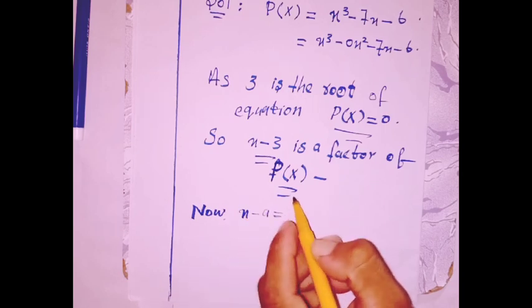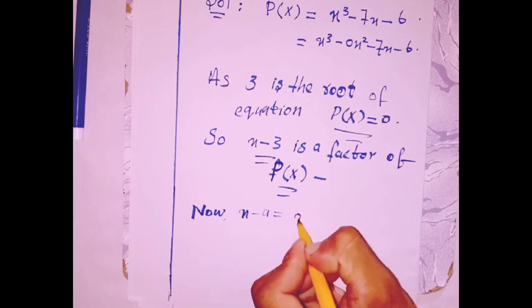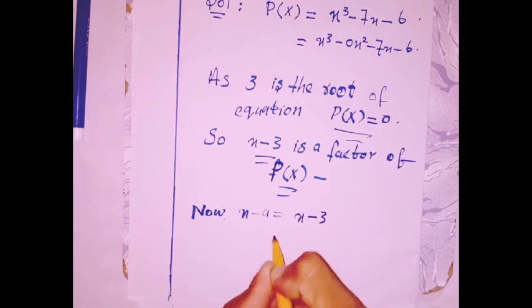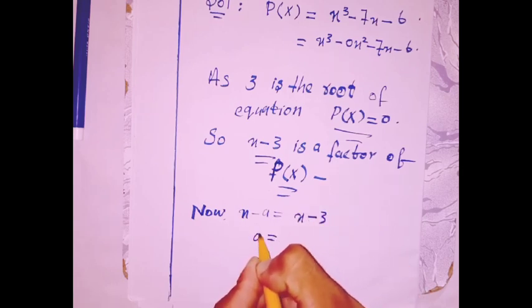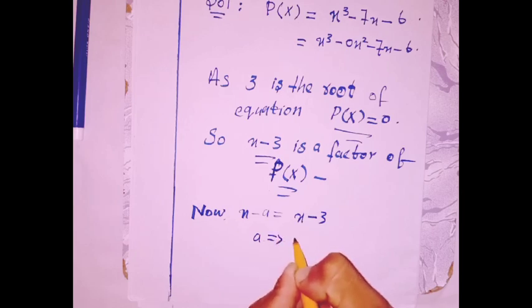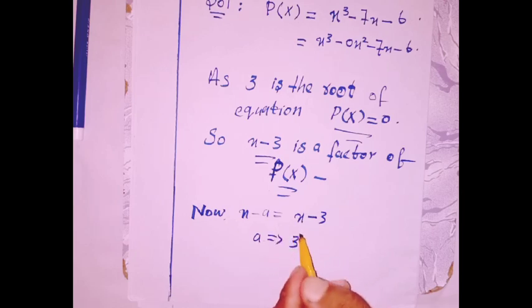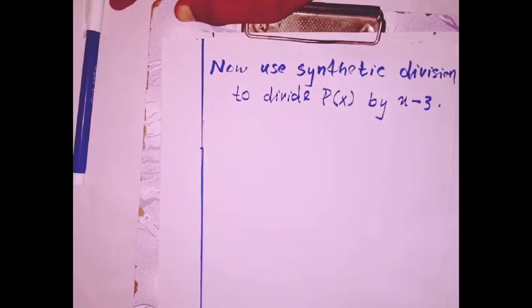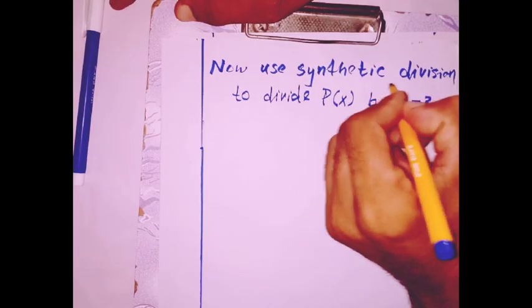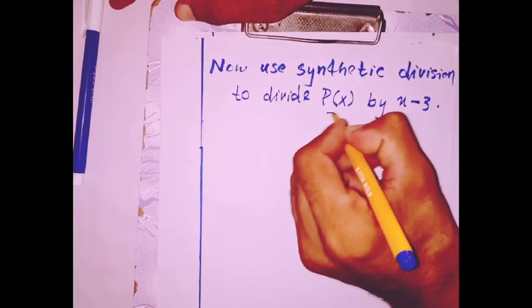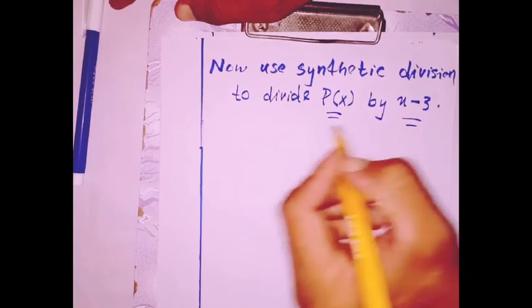And now x minus a is equal to x minus 3. So here we have the value of a. A is equal to 3, because now we use synthetic division to divide p of x by x minus 3.